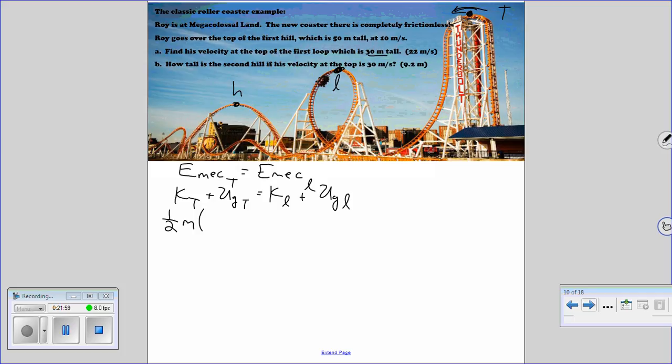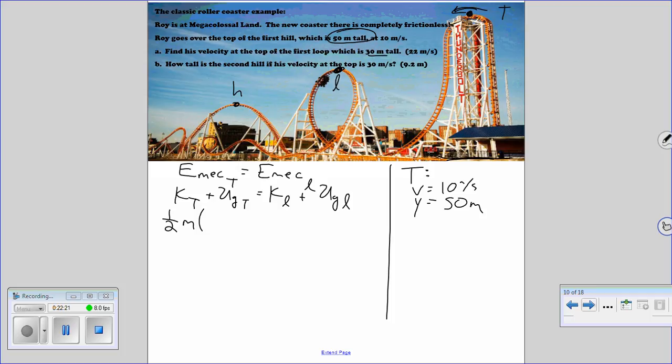I did not do what I usually do, which is this. Let's take a minute and write down our givens. At the top of the hill, we know that our velocity is 10 meters a second, and our vertical position is 50 meters, which is the height of the hill. I'm assuming that ground level is a height of 0 in this whole problem.